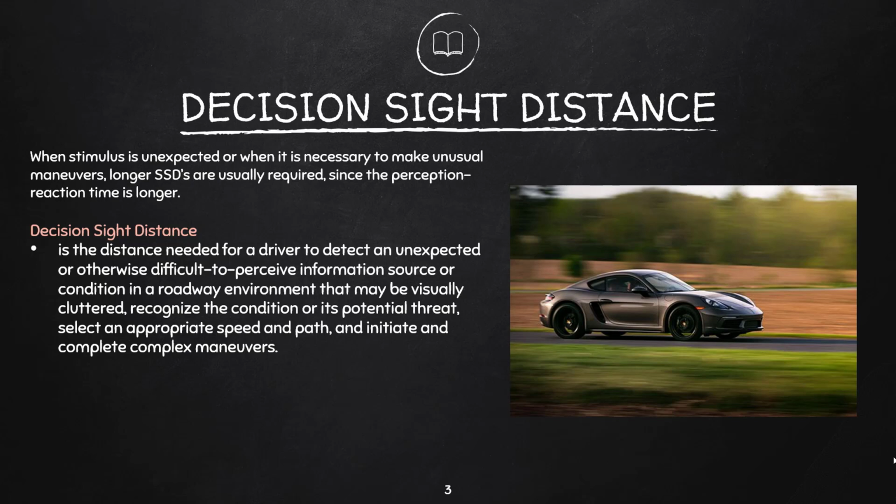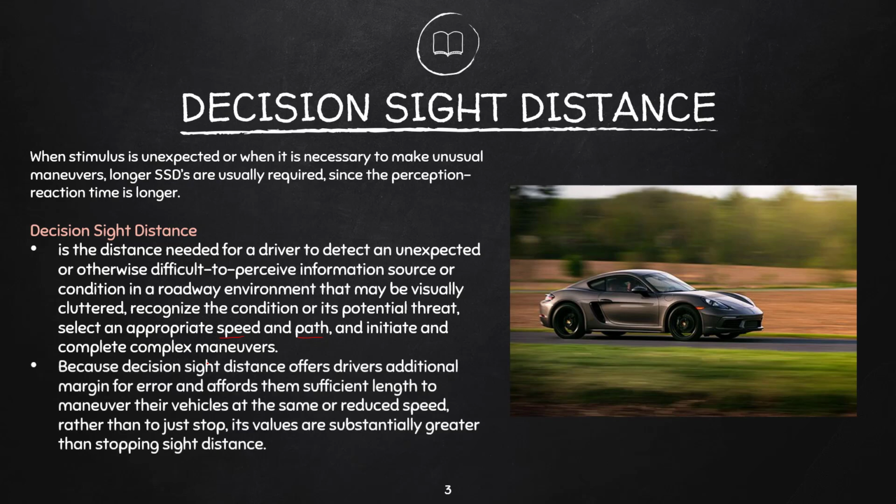For decision sight distances, we do not necessarily stop the vehicle, but we apply some complex maneuvers, such as changing speed and changing path, to prevent danger in these scenarios.